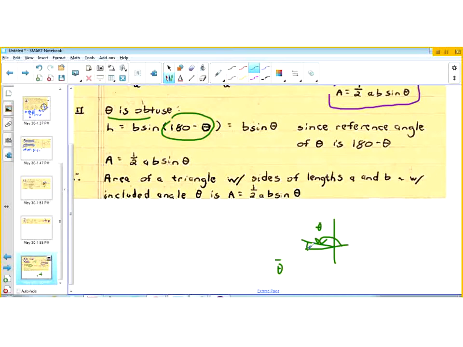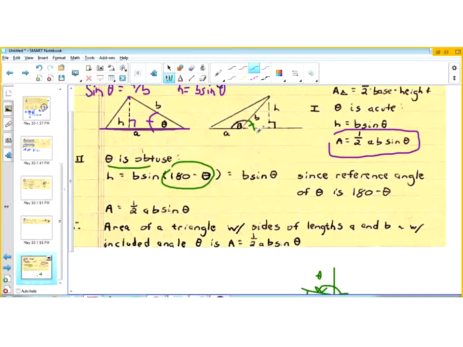So that would be 180 minus theta. So this angle right here is theta bar. So this notation doesn't look quite right. Let me check that in the text. I think there's an error in the notes here. Yeah, I should have a theta bar.